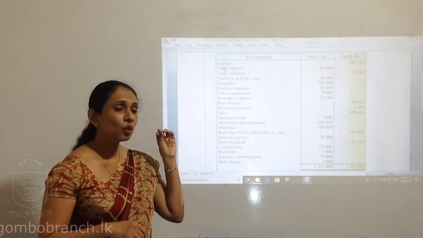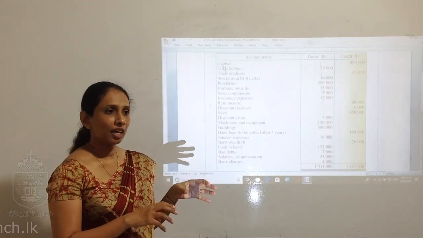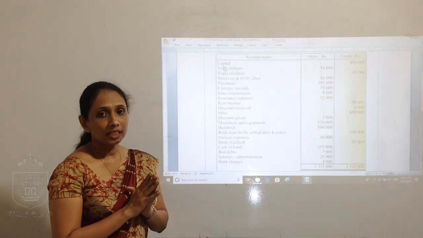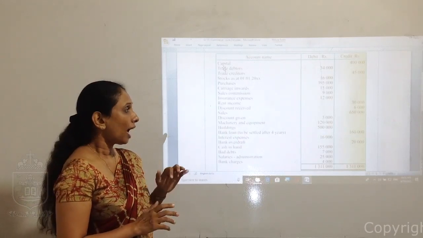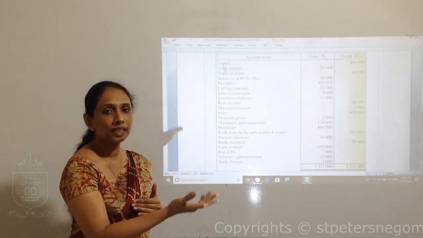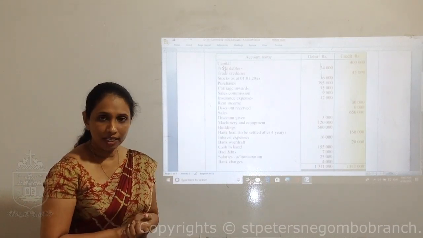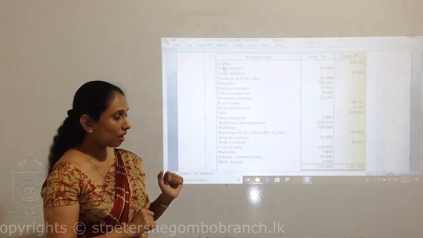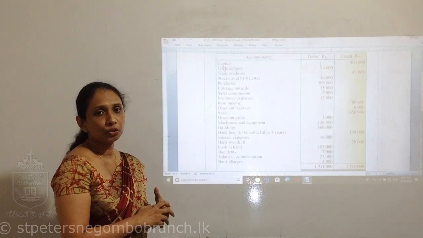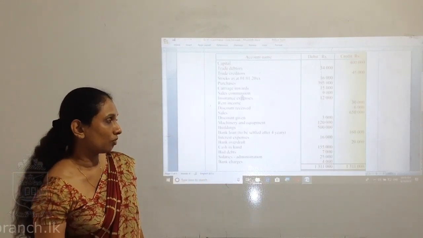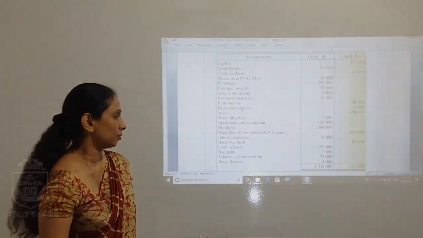We have to keep in mind that we take only the income and expenses figures into the profit or loss statement, and the assets, liabilities and equity items will be taken into the statement of financial position. Having read the question carefully, we will move on to the preparation of the two statements.